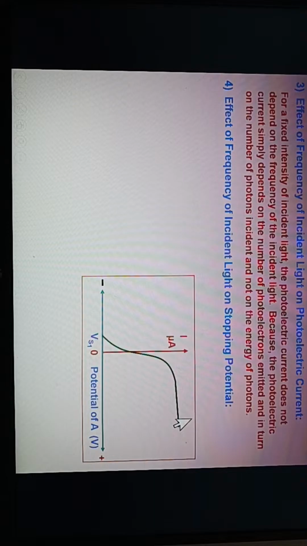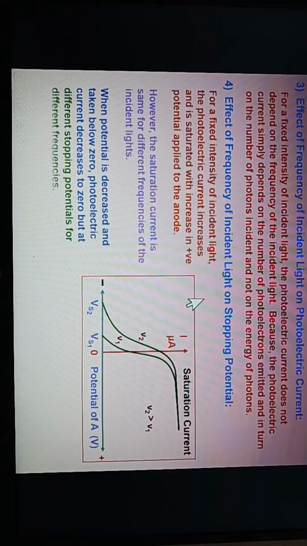Effect of frequency of incident ray on stopping potential. For fixed intensity of light, the photoelectric current increases and is saturated with increasing positive potential applied to the anode.